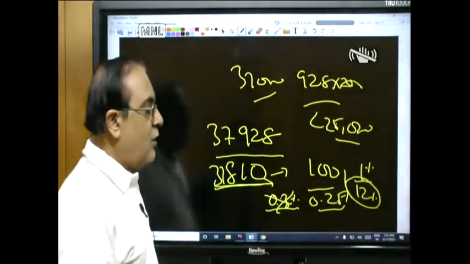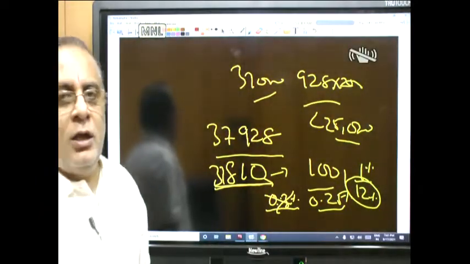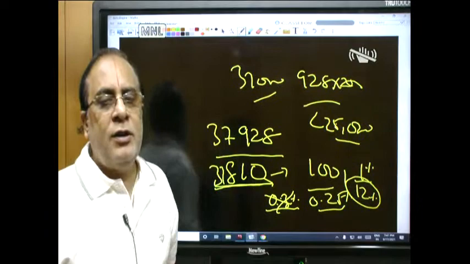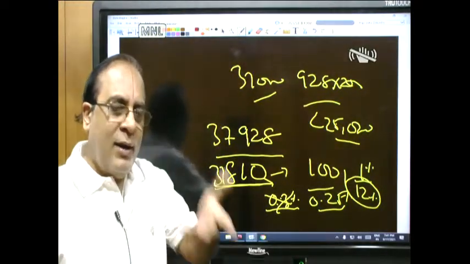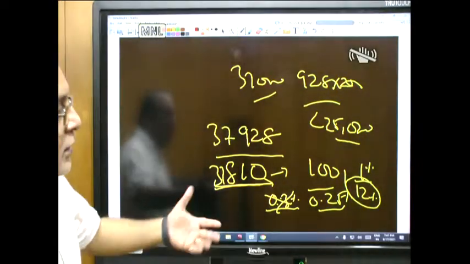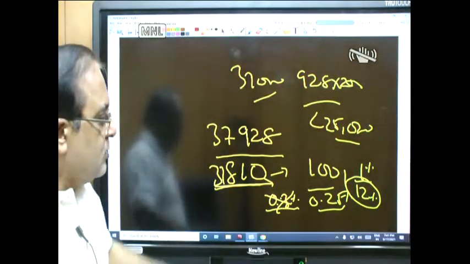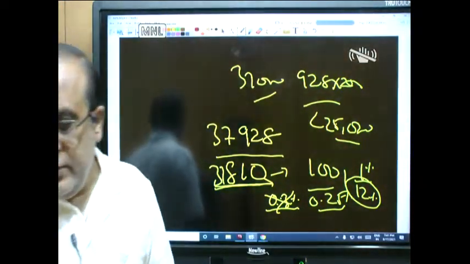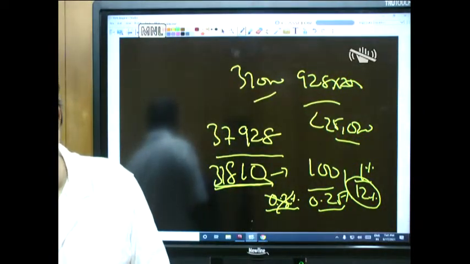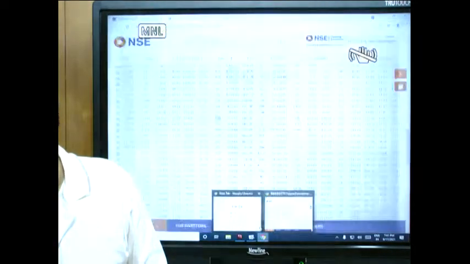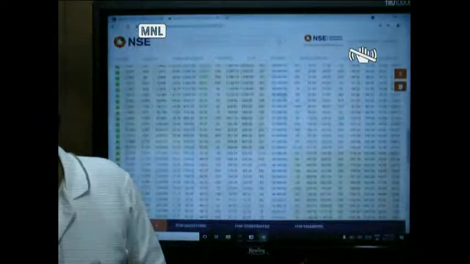So this is a slightly expensive proposition still, but considering the present mood of the market, it is better to fund it through this rather than the futures, because the futures itself is quite expensive. Let us look at the futures here. Futures itself is going at 100 rupees or more.